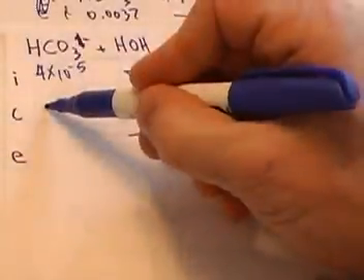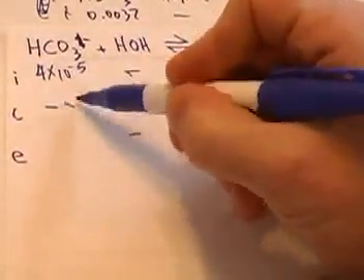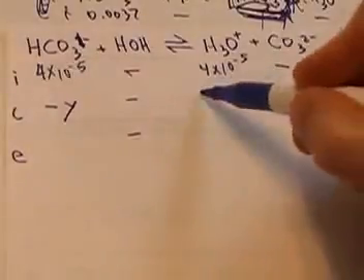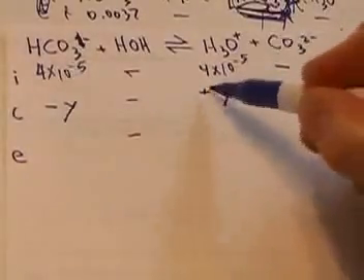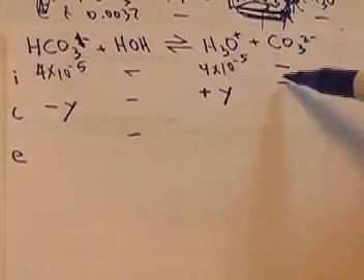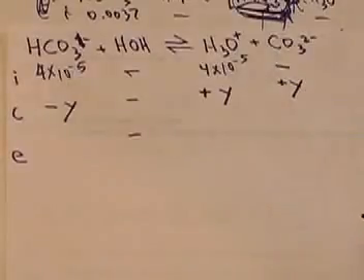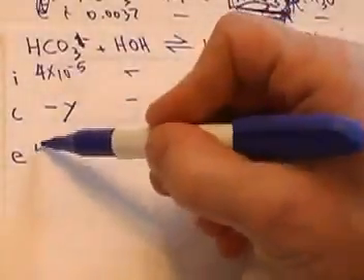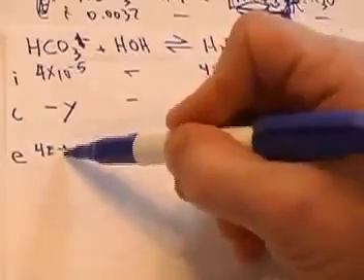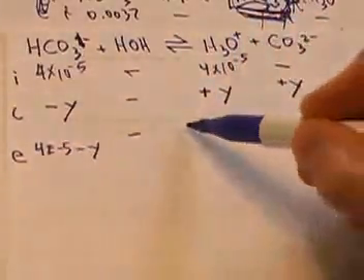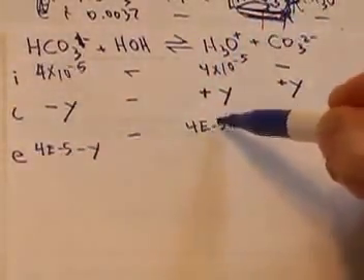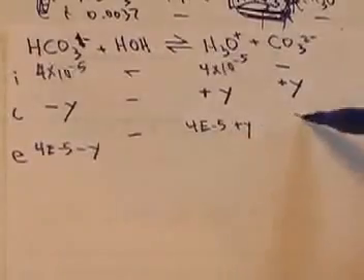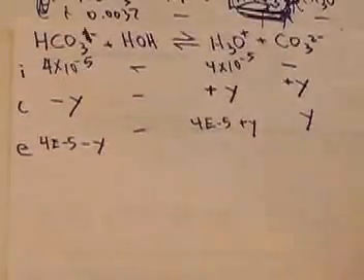In my change, I'm going to use a different variable here. I'm going to say I'm going to lose Y amount. I will gain Y amount on this side, and I will gain Y amount on this side. And so at the end, I'll have 4 times 10 to the negative 5th minus Y, 4 times 10 to the negative 5th plus Y, and I will have Y amount right here.